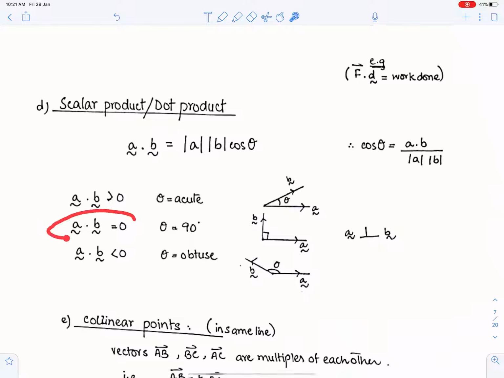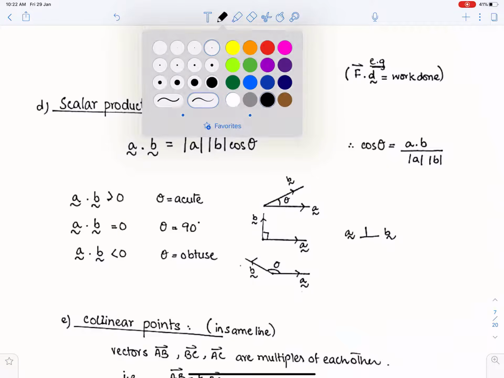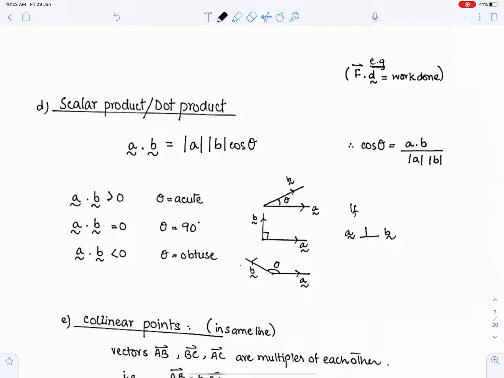So if the dot product is 0, then the vectors are perpendicular, or vice versa. If two vectors are perpendicular, then their dot product must be 0. You can also say this as: if A and B are perpendicular, then their dot product must be 0. This is very important in vectors.